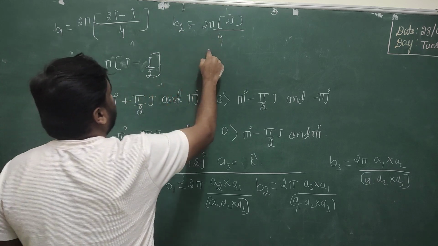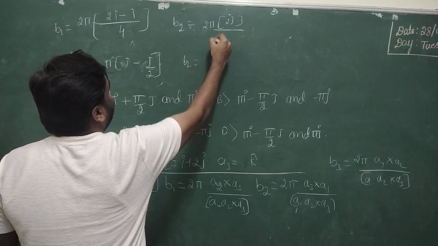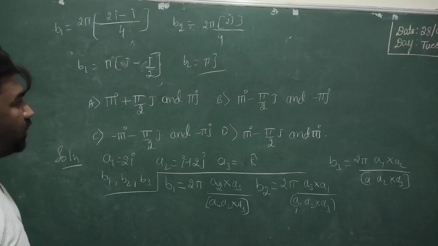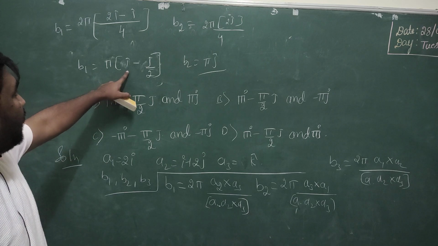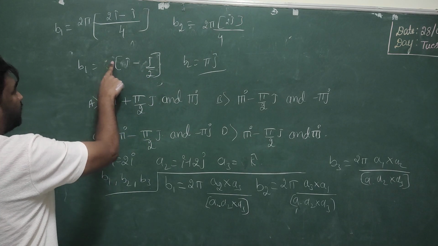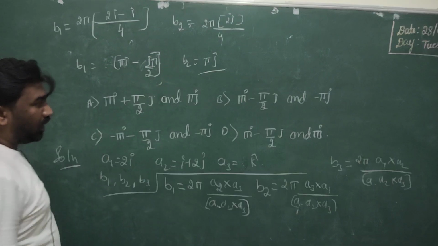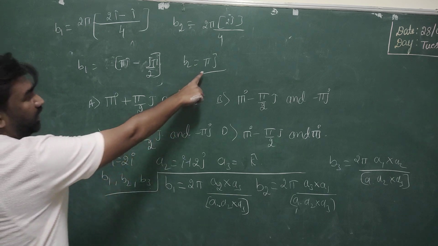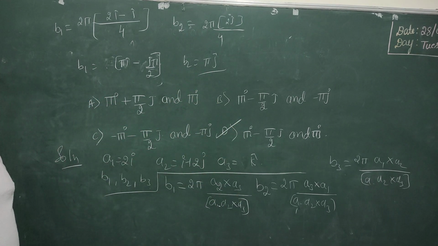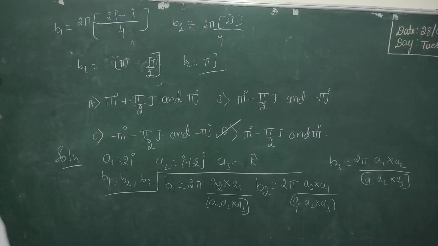Next, B2 is equal to, with the 4 cancelling, pi j. Is there any option with pi j, pi i minus j by 2? If we multiply pi inside, it becomes pi i minus pi j by 2, and this is pi j. So option D is correct. Okay, easy.